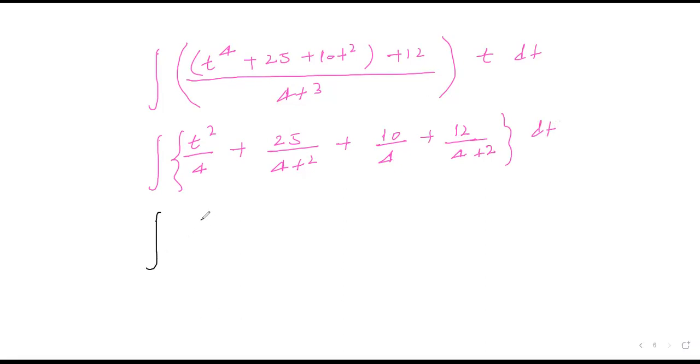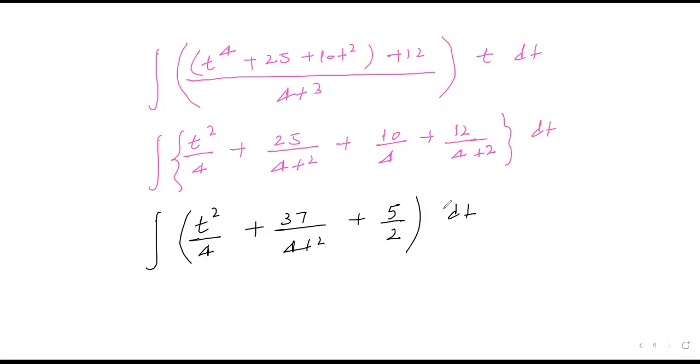Now let's again simplify this one. So you will get t square divided by 4. 12 plus 25 is basically 37, divided by 4t square, plus 5 divided by 2, dt.